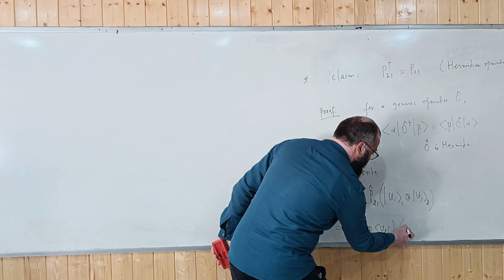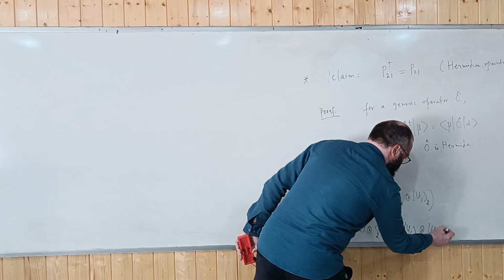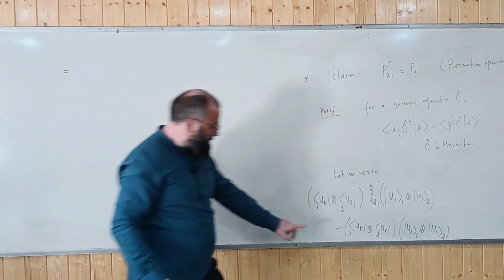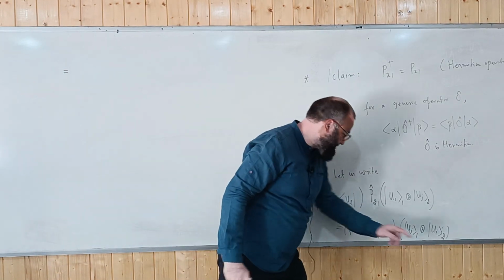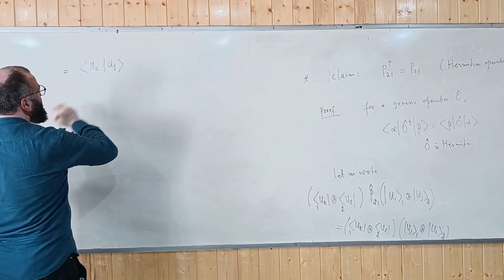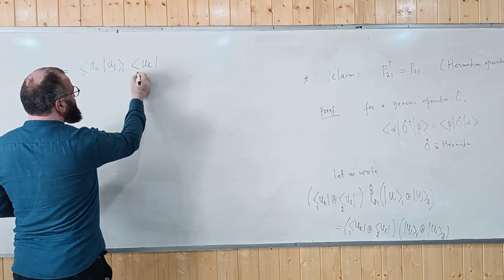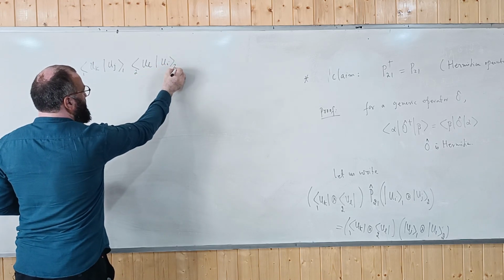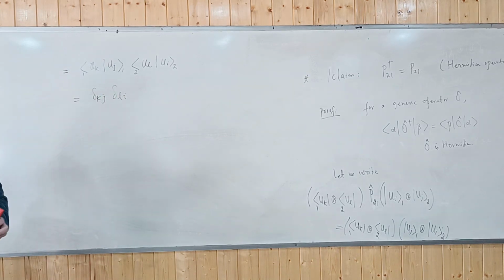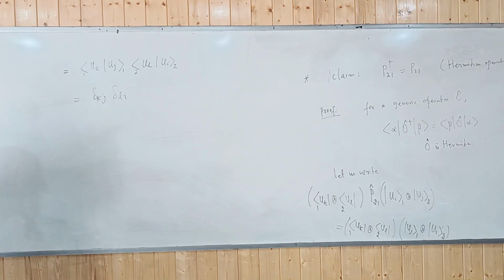So this ui will become uj, and uj will become ui. So now you have at the first place this object and this object. You take their inner product, uk with uj, at the first place. Then at the second place you have ul with ui. So that is equal to delta kj, delta li. Because they are vectors in the same vector space. Okay? Now let's take the right hand side.